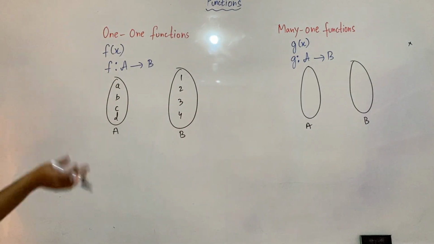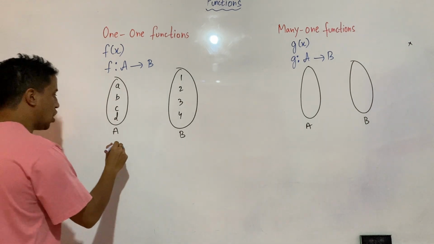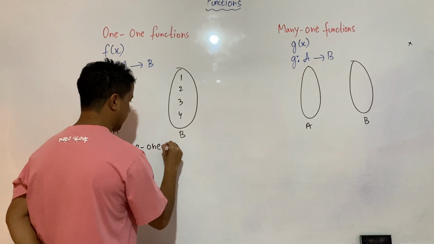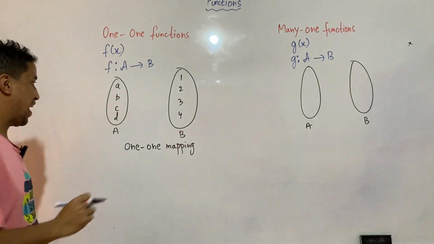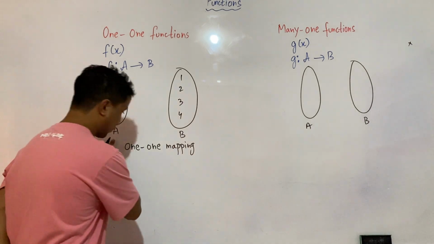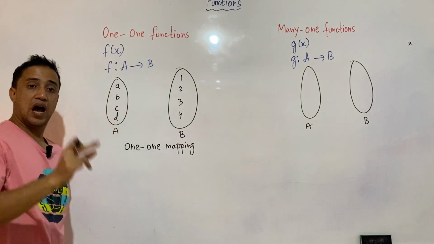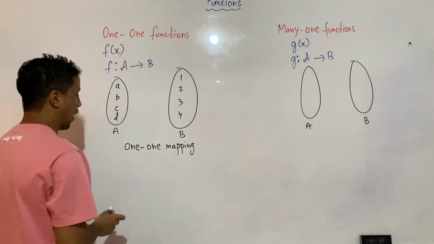Now see here, one-one function. A one-one function follows one-one mapping. What does it mean?